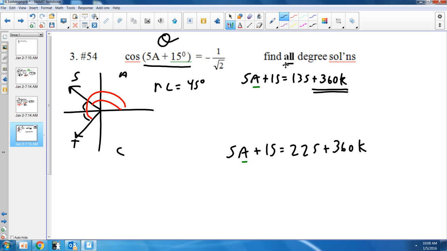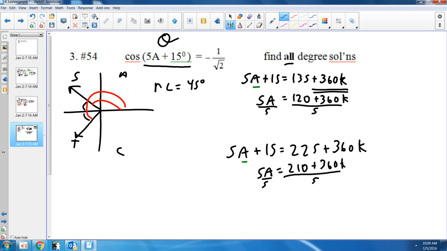That should be relatively easy. You subtract off 15 on both sides, and I do the same thing down here. Then it's a matter of dividing by 5 on both sides. Now when you divide by 5, you've got to do it all the way through on both sides.